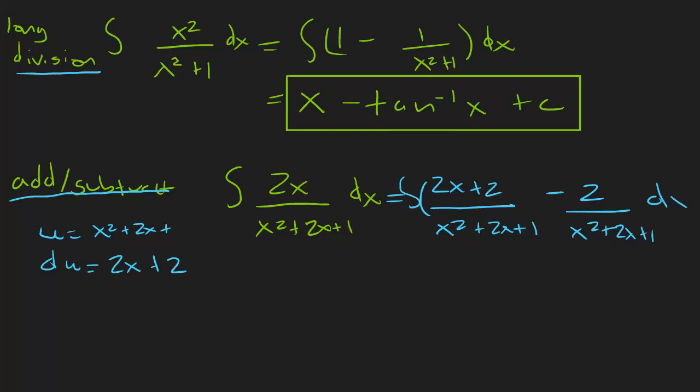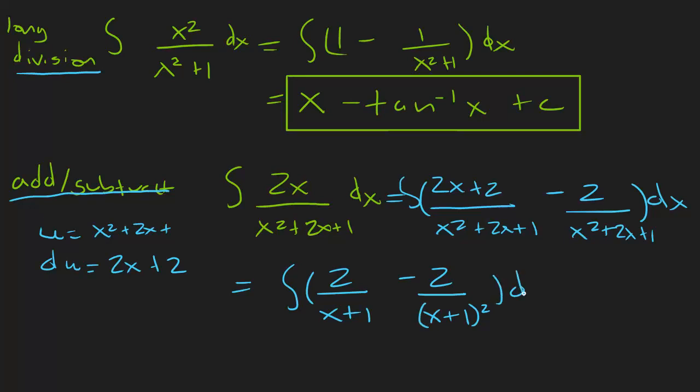Now, notice that in this case, u substitution will be very useful, because then you can just rewrite this as the integral of 2 divided by x plus 1, minus 2 divided by (x plus 1) to the second power. And now this is a whole lot easier in terms of integrating this equation.